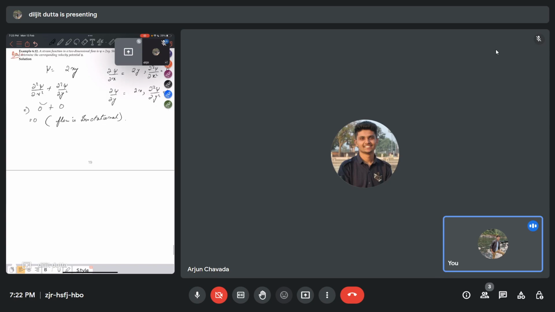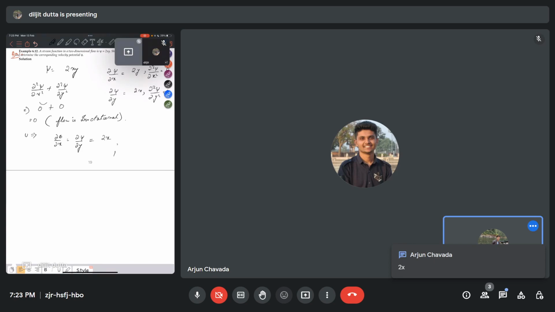Now to find phi, it is simple. Del phi by del x will be equal to del psi by del y. This is based on u. So what will you get? Del phi by del x equals 2x.